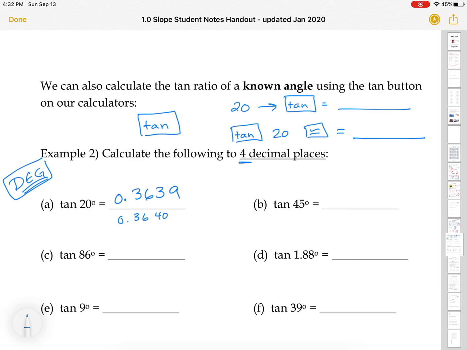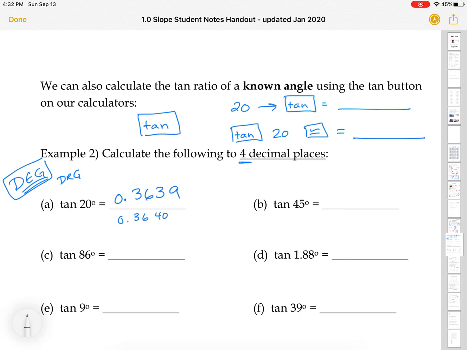Okay, if you didn't get that, then you need to find a button called DRG, or on a graphing calculator you need to press the mode button and put it into degrees. With DRG, you're probably in rads or gradients, so you just press it till you get degrees.